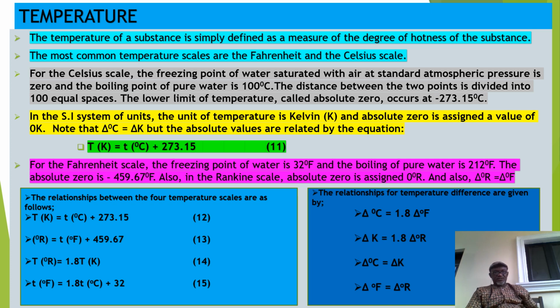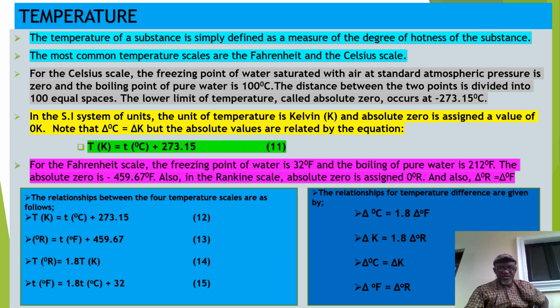Of course, like we said, for the Fahrenheit scale, the freezing point is given as 32. The boiling point is also there, and there's a difference between the two. So we have two important sets of equations. One is the relationship between these temperatures, how you can convert from one to another, from Kelvin to Rankine, from Rankine to Celsius, from Fahrenheit to Celsius, and so on, given by equations 12, 13, 14, and 15.